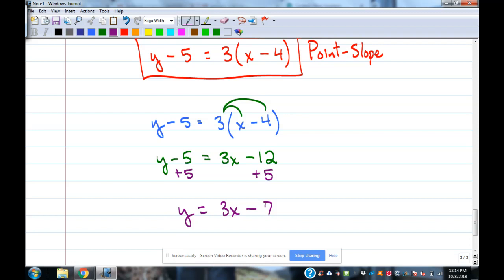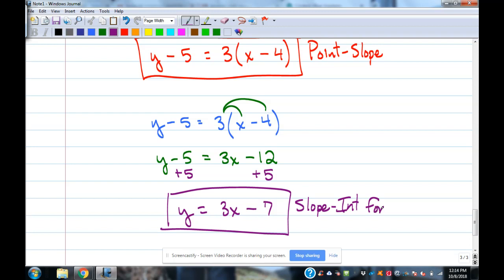Y equals mx plus b. That's slope-intercept form. So we wrote this problem in point slope form, and then we used the point slope form to get into slope-intercept form. Okay, this is the slope-intercept form. And I'll abbreviate that.